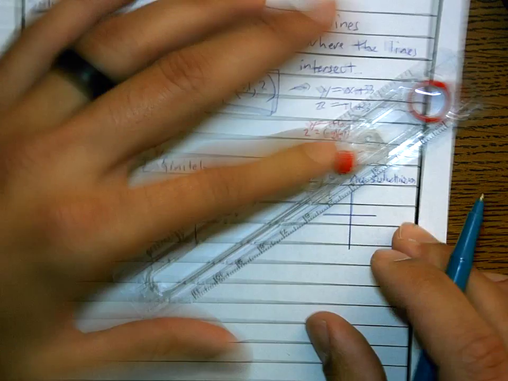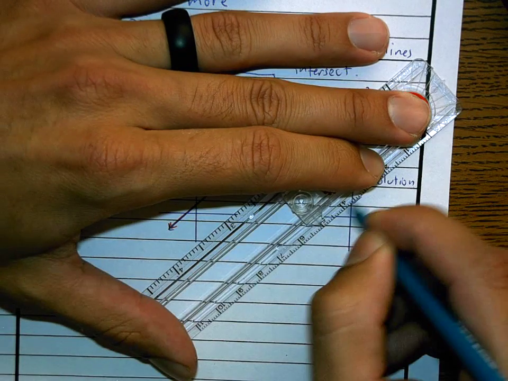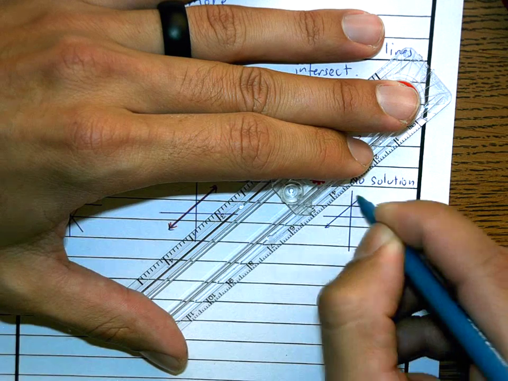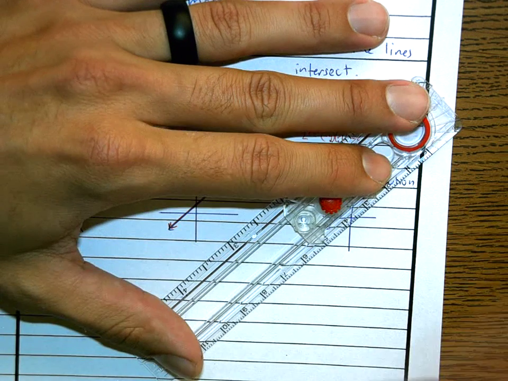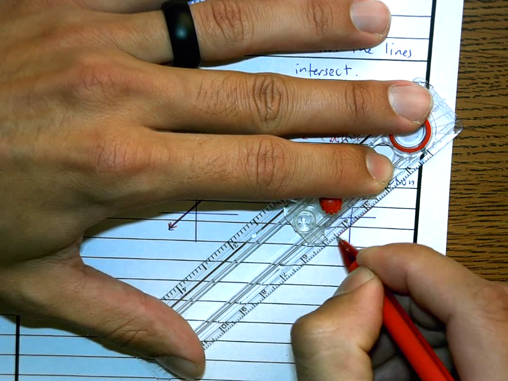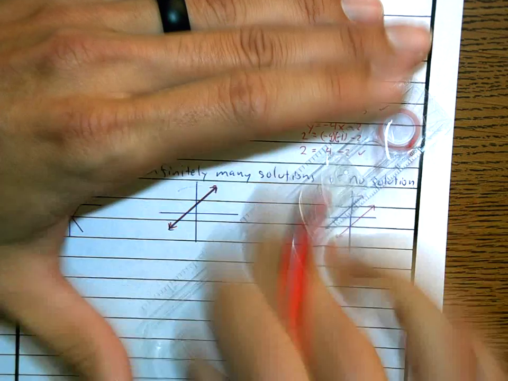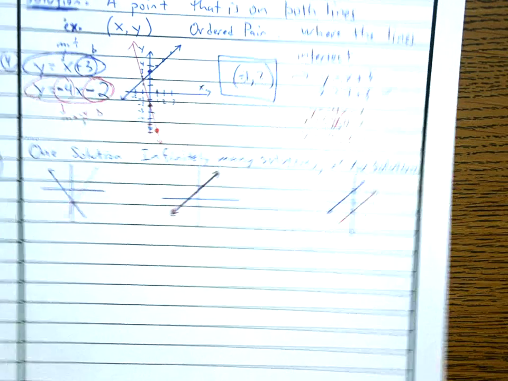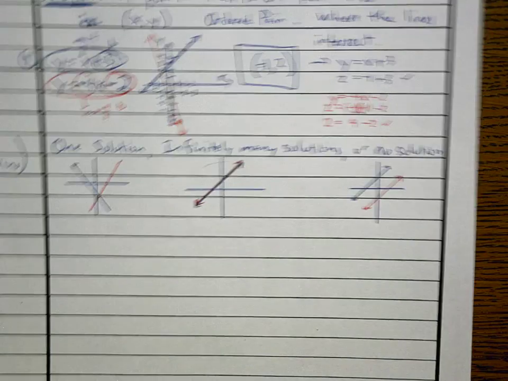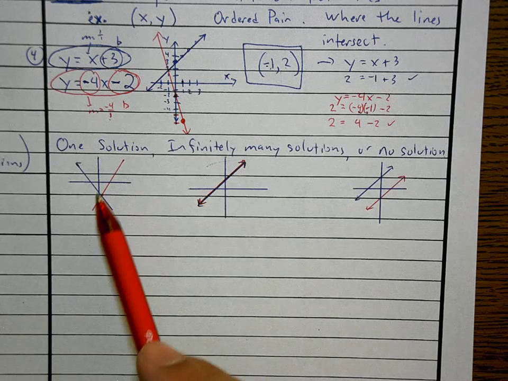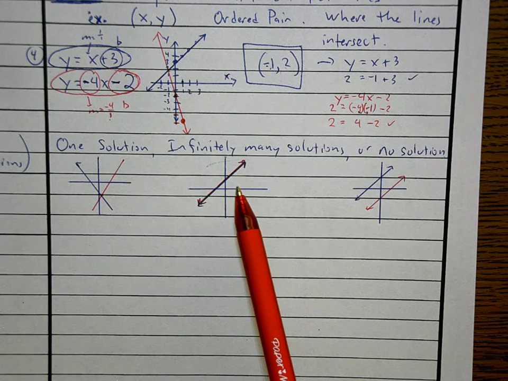If you have a line and another line is parallel to it, one solution looks like that. Infinitely many solutions, they're the same line.